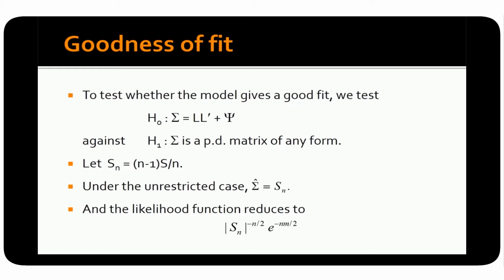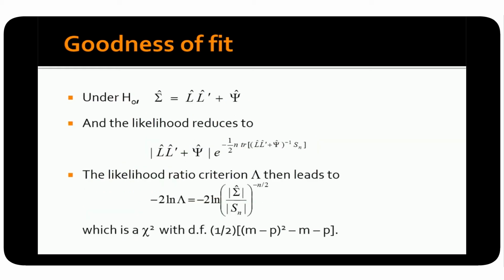So ultimately we get Sn to the power of minus n by 2 e to the power of minus nm by 2. Now under H naught, sigma is restricted to the form of the null hypothesis, that is, it's equal to LL prime plus psi, and if we estimate the parameters L and psi, then sigma hat now is L hat L hat prime plus psi hat.